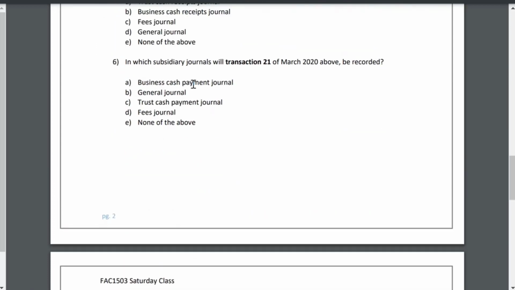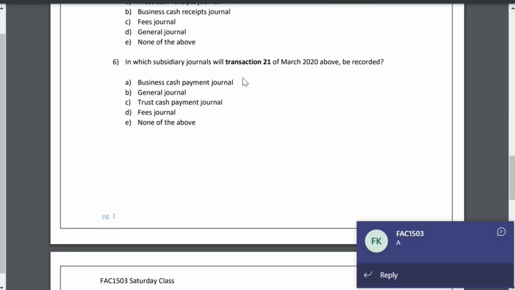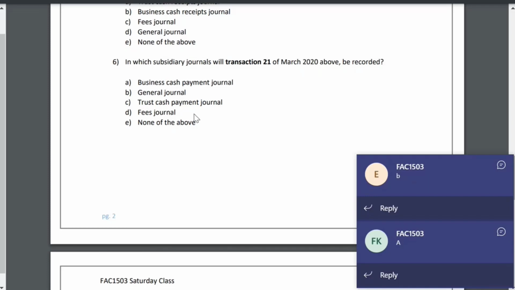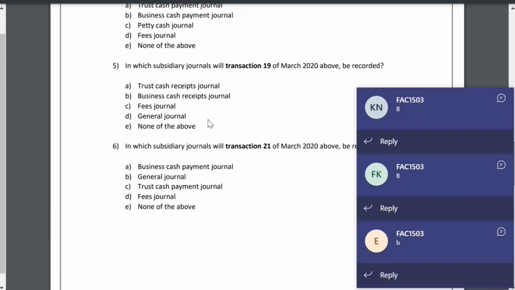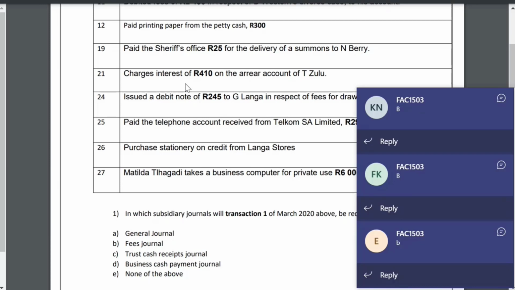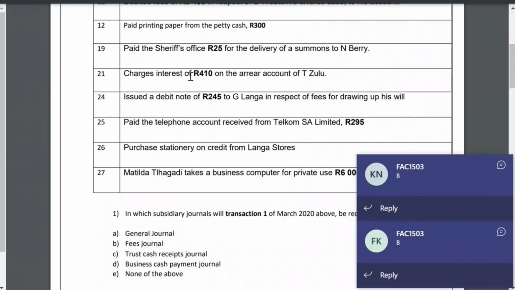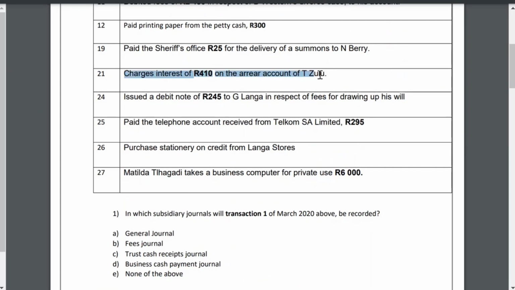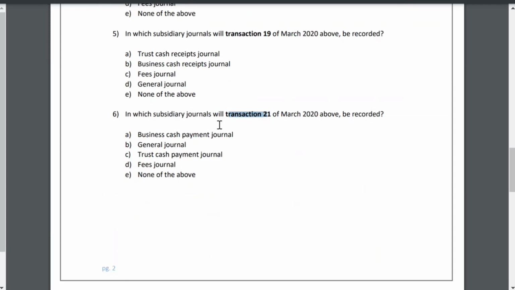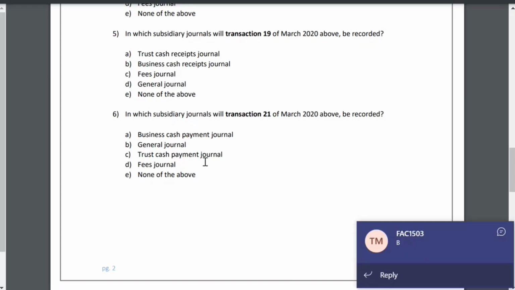The options are Business Cash Payment Journal, General Journal, Trust Cash Payment Journal, Fees Journal, none of the above.